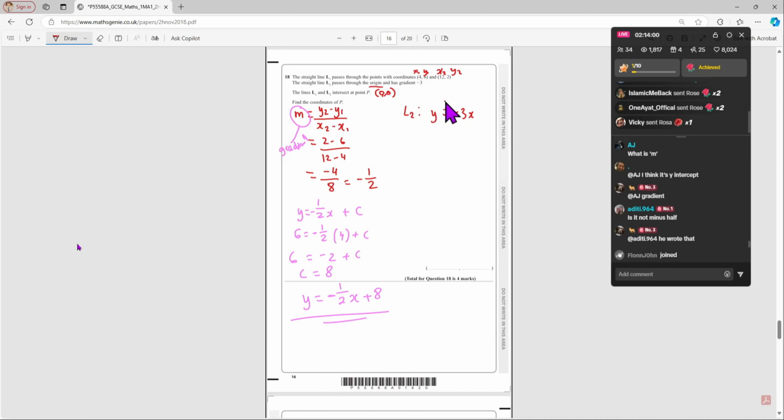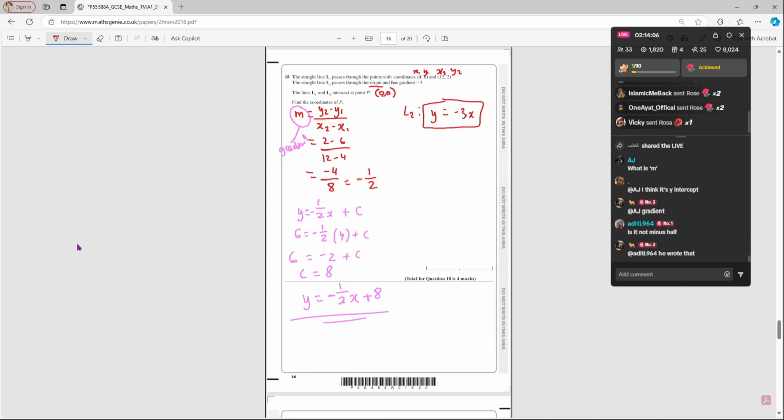That is the equation of line 2, okay? Basically, it has no y-intercept because it passes through the origin. Okay? So now the lines L1 and L2 intersect at point P. Find the coordinates of P.